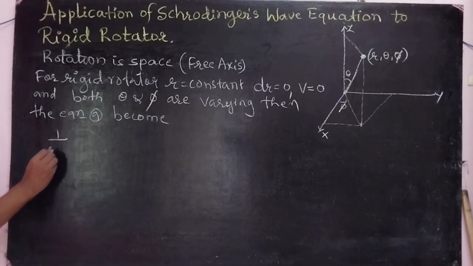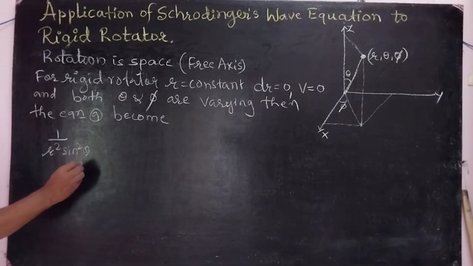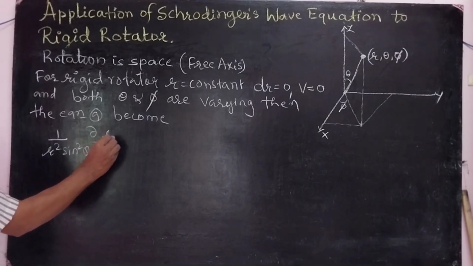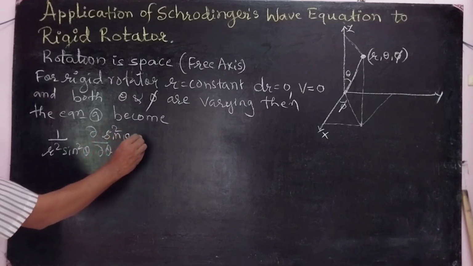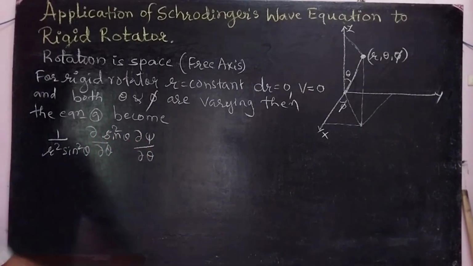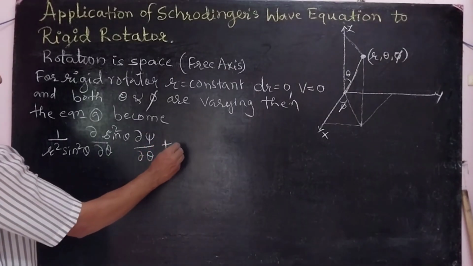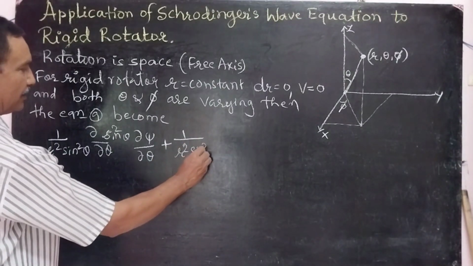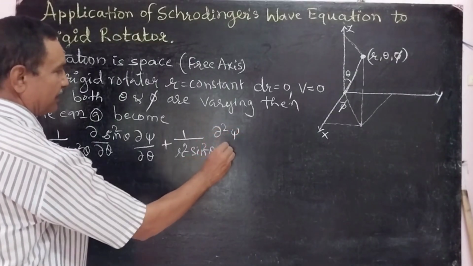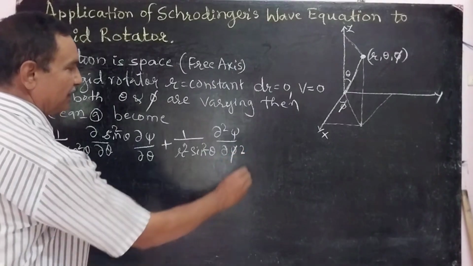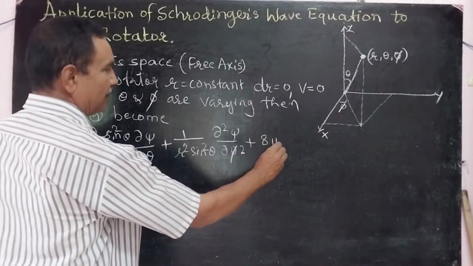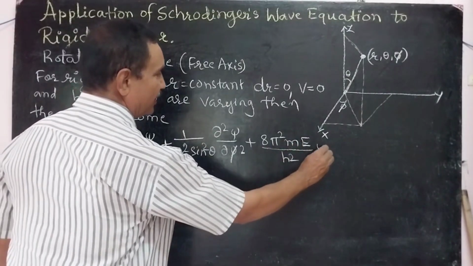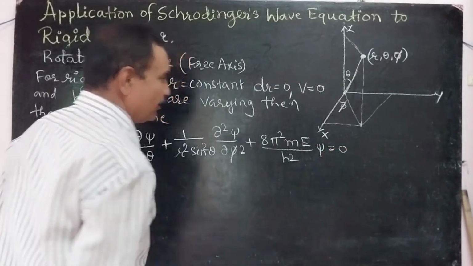1 divided by r square sin theta dou by dou theta of sin theta dou psi by dou theta plus 1 divided by r square sin square theta dou square psi by dou phi square plus 8 pi square m E divided by h square psi equal to 0.